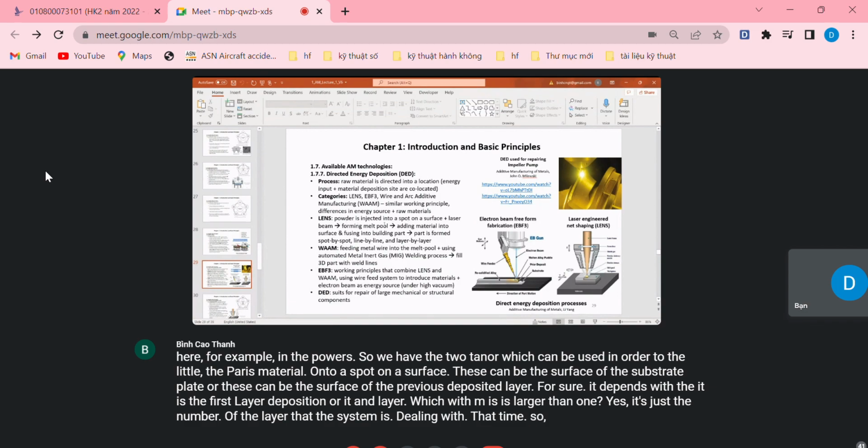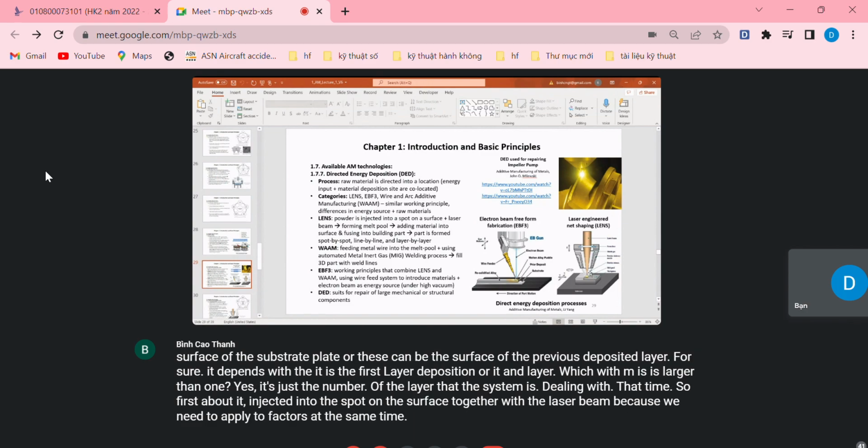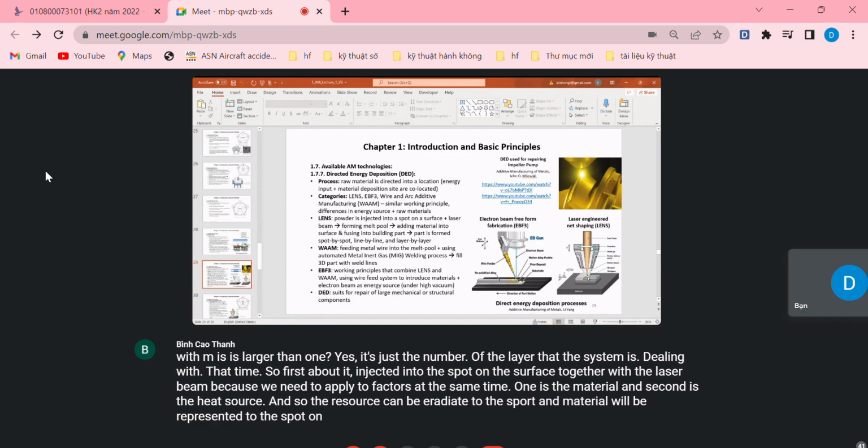First, the powder is injected into the spot on the surface together with the laser beam, because we need to apply two factors at the same time. One is the material, and second is the heat source. The heat source will be irradiated to the spot, and the material will be deposited to the spot on the surface.